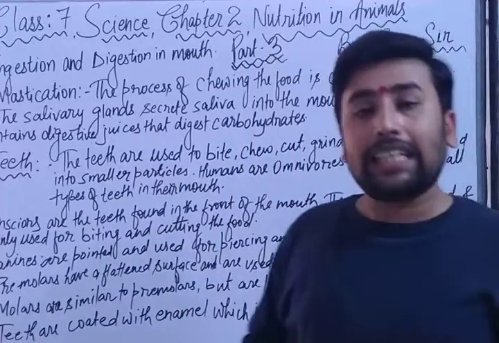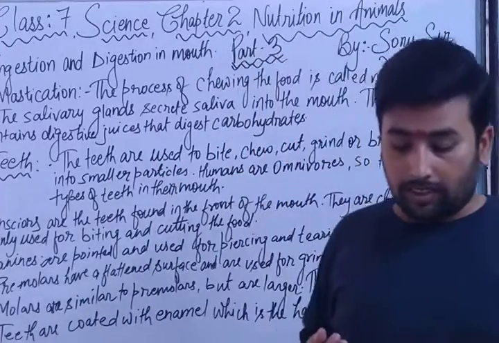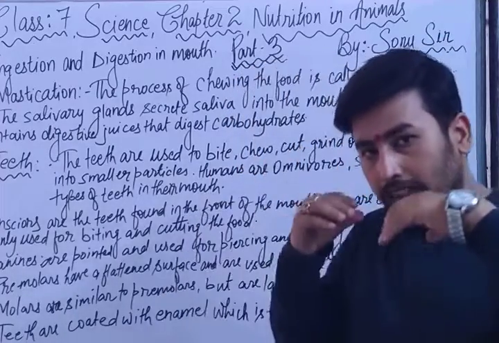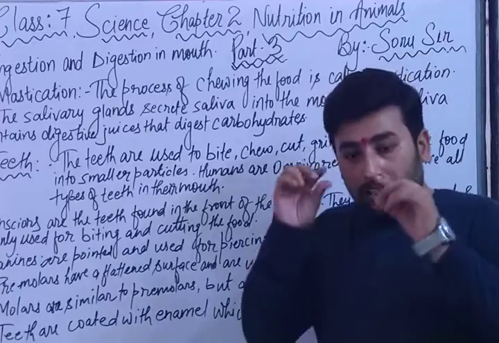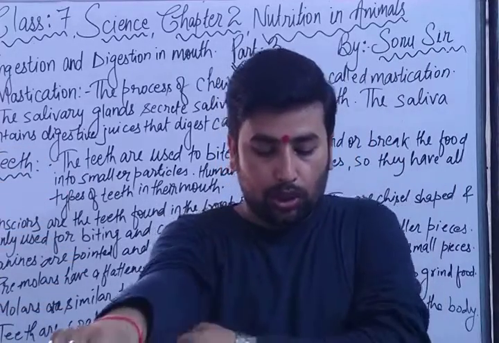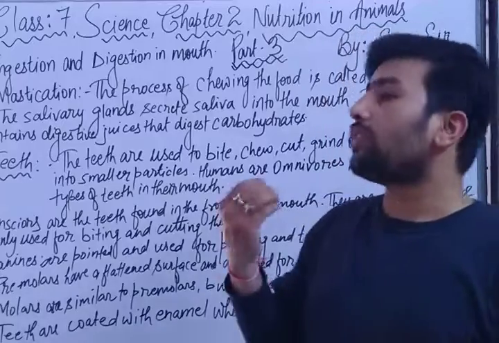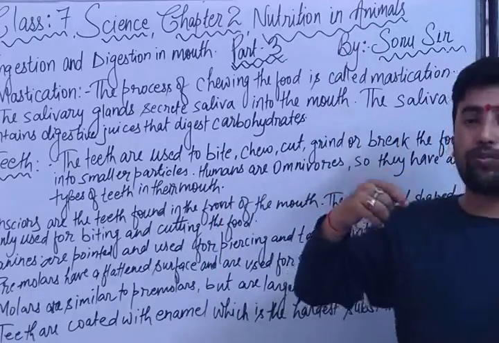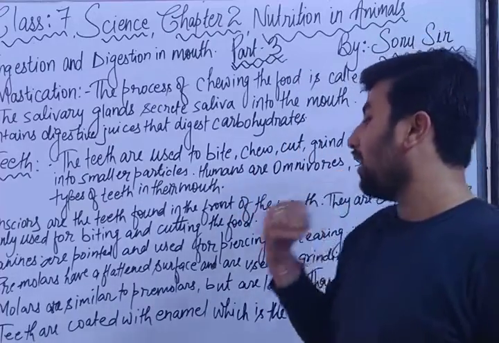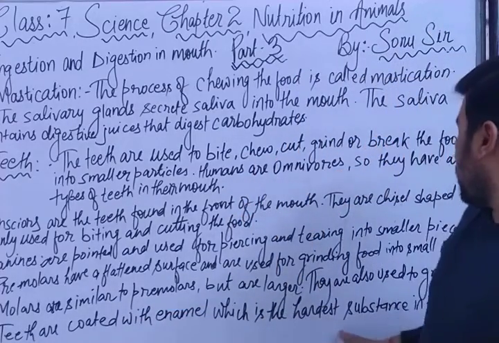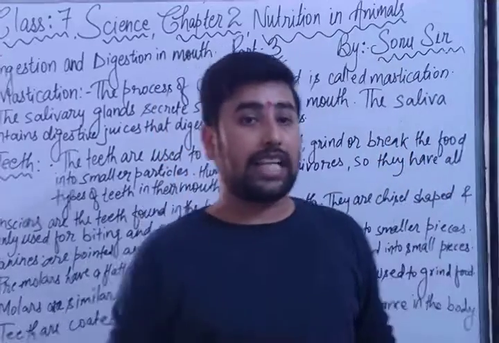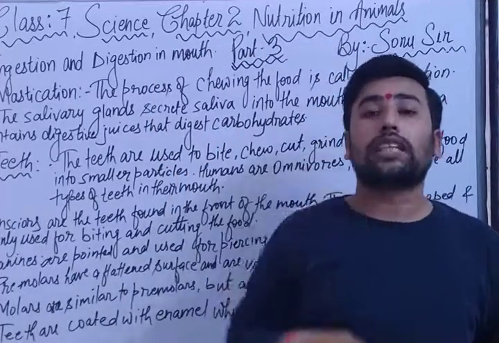Beneath the enamel there is dentine, which is softer, and the innermost portion of the tooth is called pulp. When we brush, we brush these teeth that are coated with the hardest substance, enamel, and inside the enamel there is dentine, and inside that is the pulp.